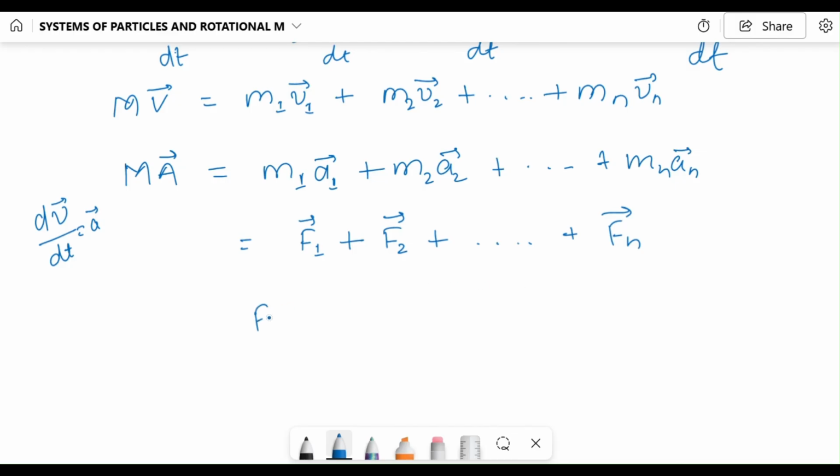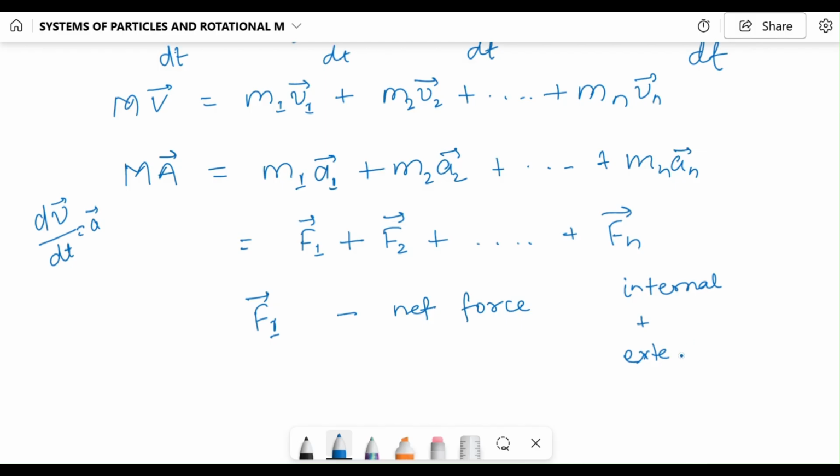Here F1 is the net force acting on the first particle. So this net force includes total internal forces as well as external forces. Internal forces means the forces exerted on the first particle due to the second particle or third particle or up to nth particle.